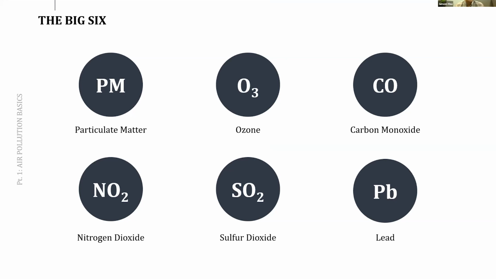And here in the US, the Environmental Protection Agency, the EPA, establishes air quality standards for each one of these pollutants. Particulate matter and ozone are the top 2 offenders, the 2 most widespread. So I'll spend a little bit more time describing each of these, but I think it's important to cover the basics of each one of these 6 pollutants.